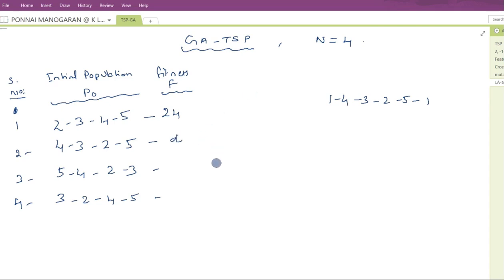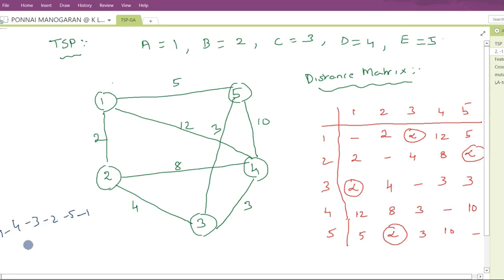Let us take 5 4 2 3. There is another case. So you can see 1 to 5 path is there. 5 plus 10 is 15, 15 plus 8 is 23, 23 plus 4 is 27.